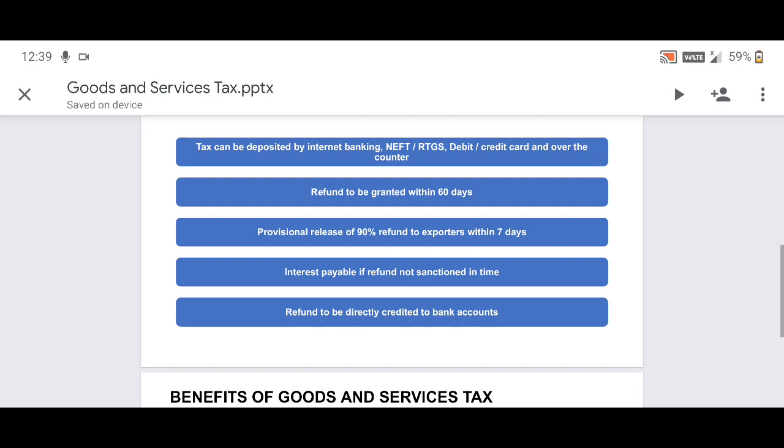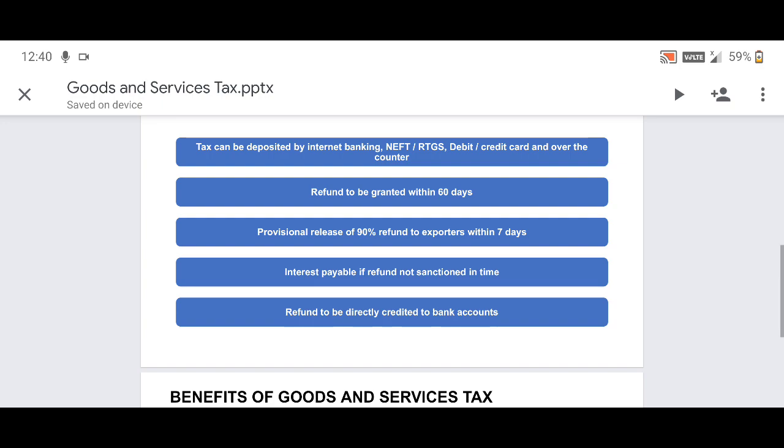If the GST authority does not grant the amount of refund within 60 days, then they have to pay applicable interest along with such refund amount to the taxpayer. And there is one more feature under the refund provisions.